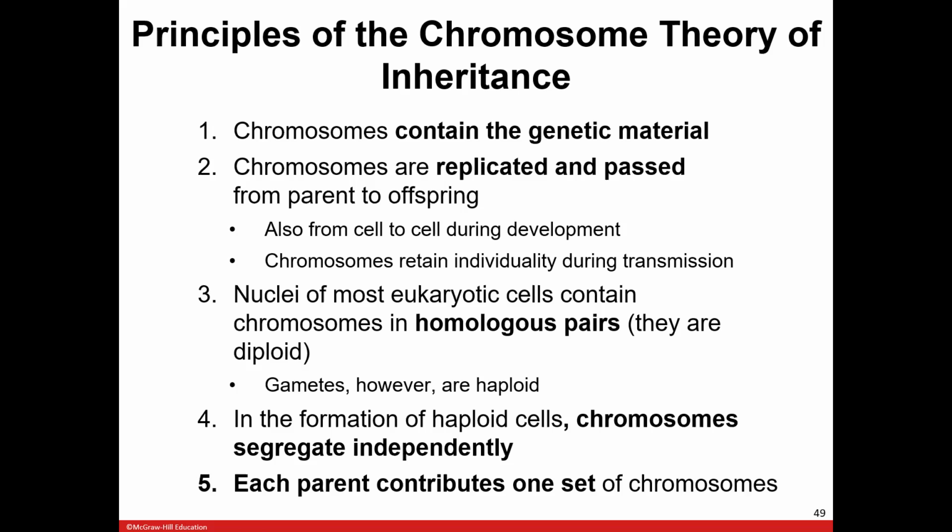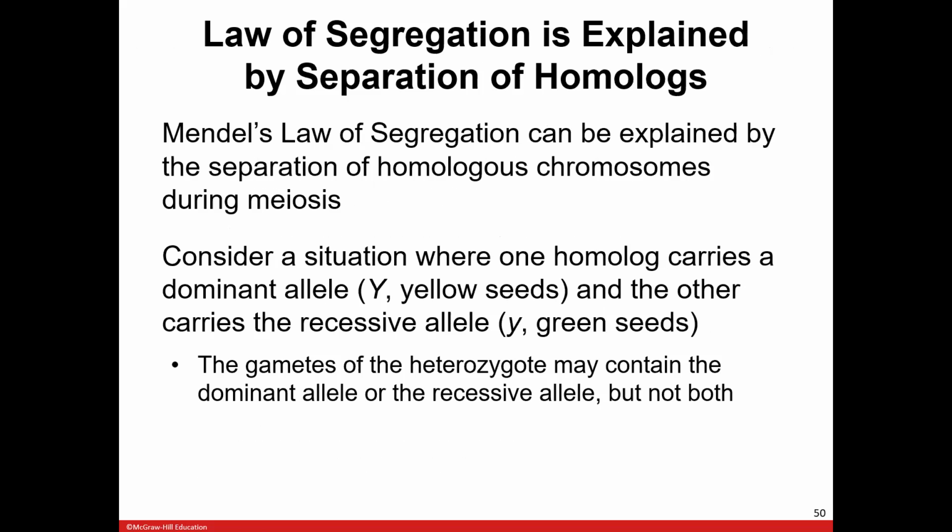The nuclei of most eukaryotic cells contain the chromosomes in homologous pairs if they're diploid, but their gametes are haploid. And in the formation of haploid cells, the chromosomes segregate independently. Again, they can only do that independent segregation after they're done crossing over and mixing their genes around. And each parent contributes one set of chromosomes.